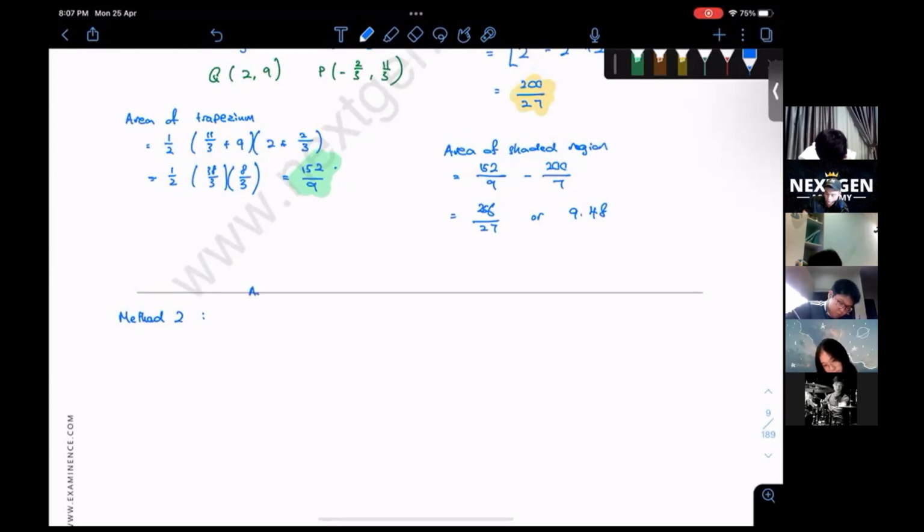So we take the area under the line minus the area under the curve.